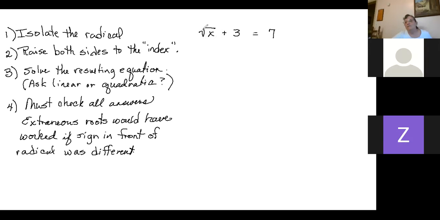If the square root of something plus 3 is 7, what plus 3 is equal to 7? What do you have to add to 3 to get a 7?